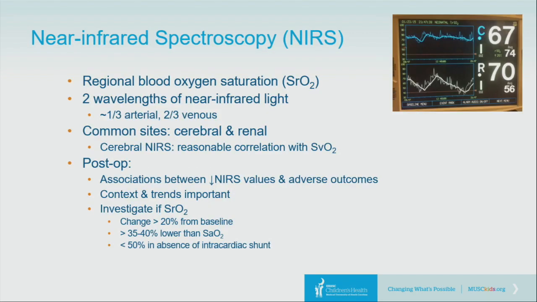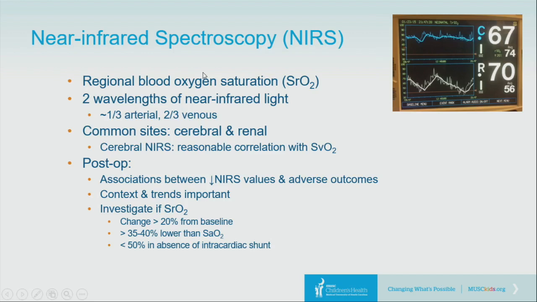So NIRS monitoring is a non-invasive way of getting a sense, at least, of your systemic oxygenation. NIRS monitors measure regional blood flow oxygen saturation levels using 2 different wavelengths of near-infrared light. The NIRS probes are sampling approximately 1/3 arterial blood and 2/3 venous blood, so it's not truly a mixed venous oxygen saturation level. But people have found, at least in the cardiac ICU, that your cerebral NIRS values have a reasonably good correlation with oxygen saturation levels measured from the superior vena cava.